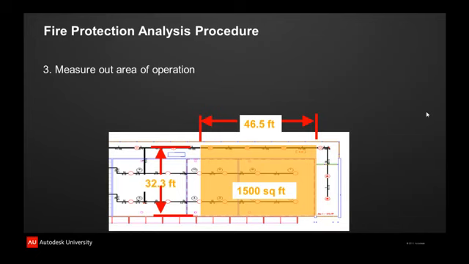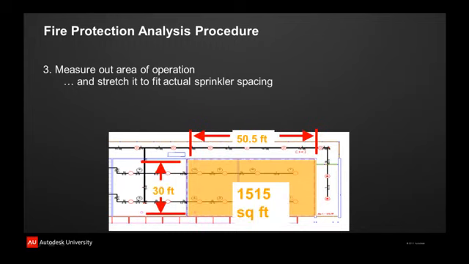But even though this area is exactly 1,500 square feet, you can see the yellow shading cuts halfway through the sprinklers on the top line and sort of partway through the sprinklers down the left-hand side. And the fire is not smart enough to partially operate a sprinkler, so we need to stretch and fit this area so that it actually covers fully operating sprinklers.